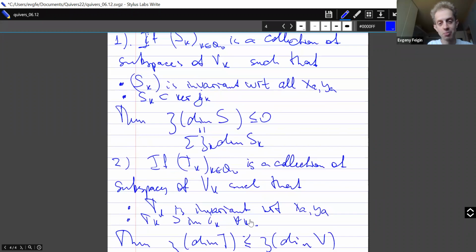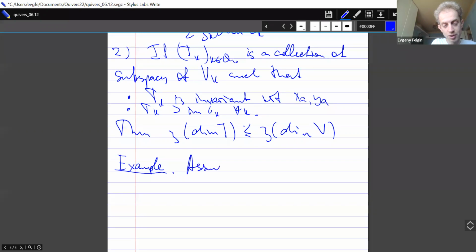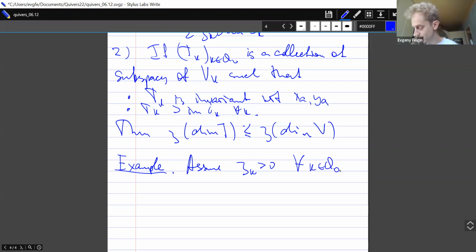Okay, so let us consider an example, in order to see what's going on. So assume psi k is strictly positive for all k. So what can you say about the second condition?